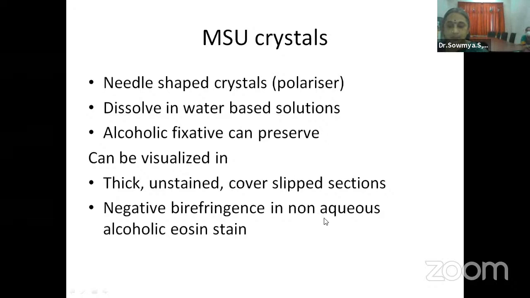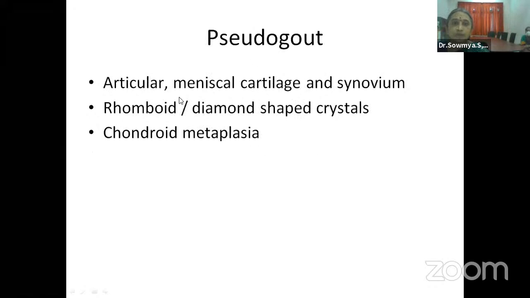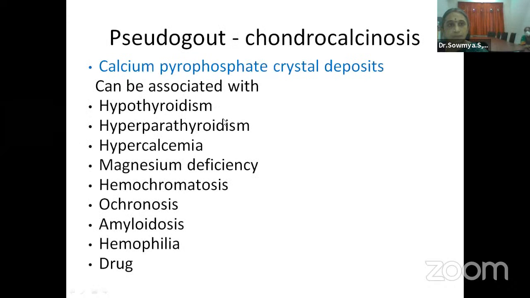Now, pseudo-gout usually will be in either the articular or meniscal cartilage, and by histopathology alone we cannot differentiate the pseudo-gout crystals. Usually they are rhomboid or diamond shaped crystals, so only the polarizer can differentiate gout from pseudo-gout. Even biochemical markers can be useful. Both can undergo chondroid and osteoid metaplasia.